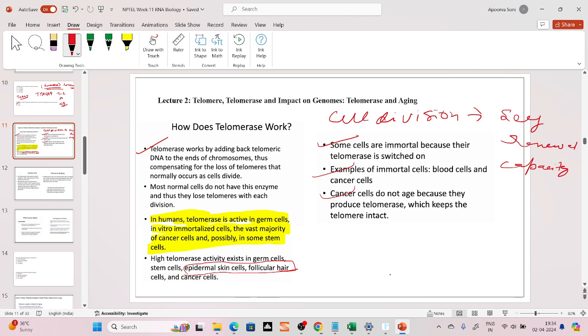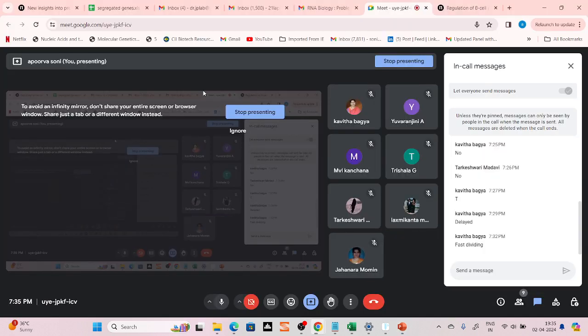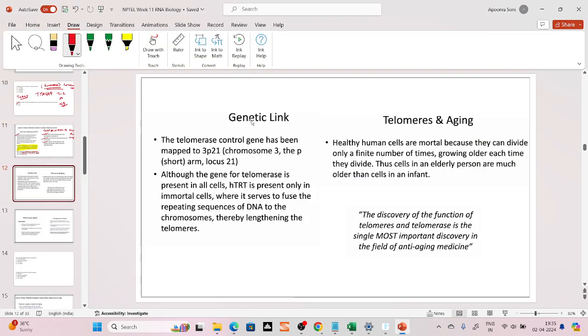So an aged cell will have very few telomeres or no telomeres and telomerase, whereas a young cell at the starting will have a lot of telomerase. Okay, now, on the genetic level, these telomeres control a gene that has been mapped to.